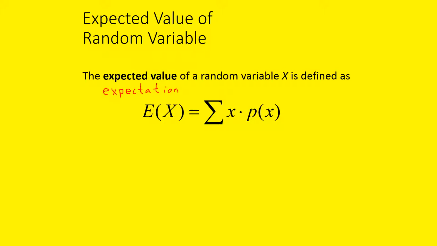Expected value of a random variable big X is capital sigma, which stands for the sum of the products of all of the particular values of x with their corresponding probabilities, right?